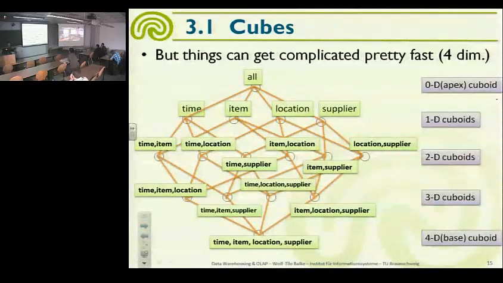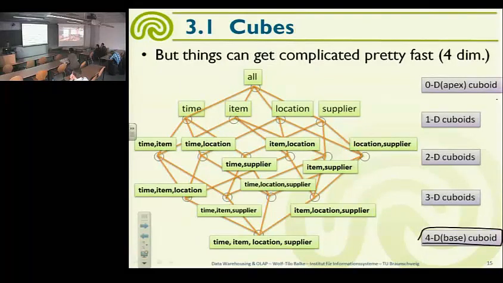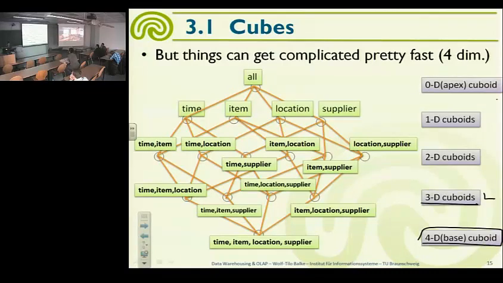Now, imagine this cuboid will get rather complicated as your dimensions grow in size, because as your dimensions increase, the permutations of these dimensions and the aggregates that you want to compute will grow in number. So if we have a 4-dimensional base cuboid, it means we're working with 4 dimensions. Then as you start building the different permutations, at 3D cuboids you already have 4 different aggregates that you need to compute. At the 2D cuboids you already have 6.